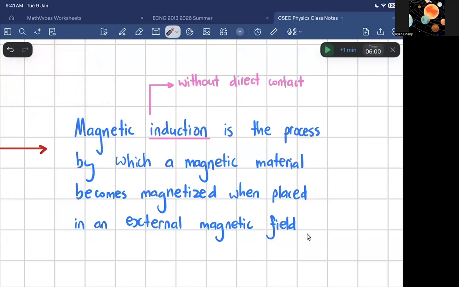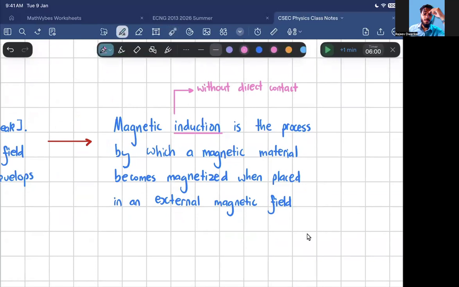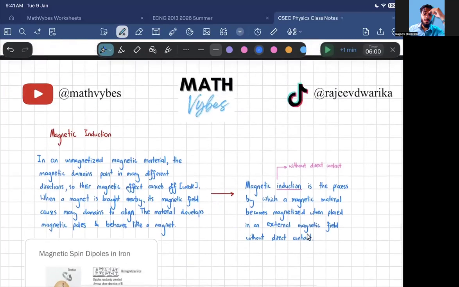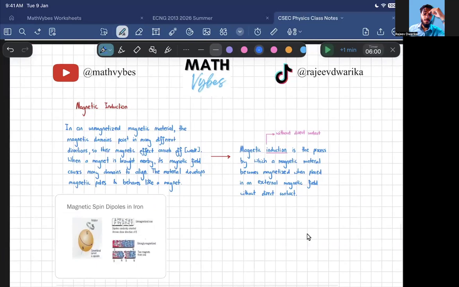Let me just finish this. Magnetic induction is the process by which a magnetic material becomes magnetized when placed in an external magnetic field without direct contact. So Ryan, read that for me.